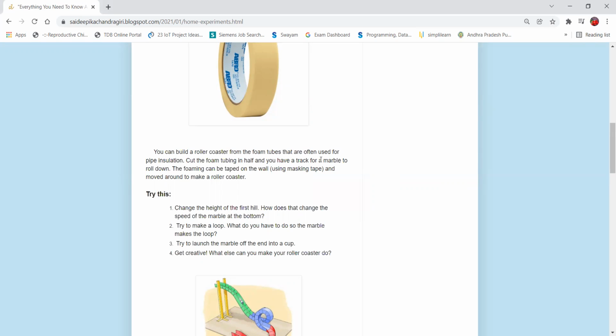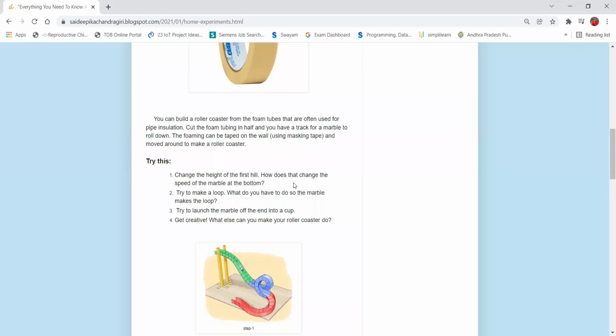Whenever there is a break in the pipe, by using this, we can avoid the water flowing outside. Okay, the topic is diverting. So here we are using the foam tubes to build a roller coaster.